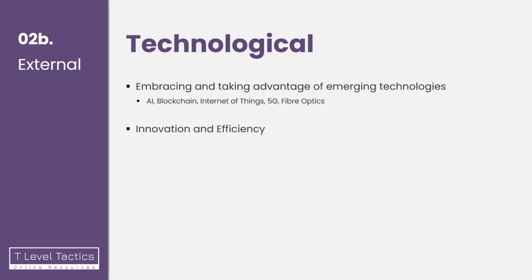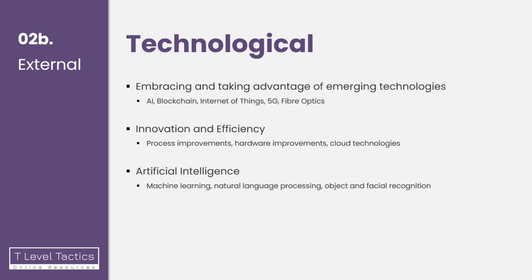In terms of innovation and efficiency, improving processes, improving hardware that we work with, and taking advantage of cloud technologies and moving some of our hardware off-site to become the responsibility of someone else. Thinking of artificial intelligence specifically, technologies that use machine learning, natural language processing, object and facial recognition.